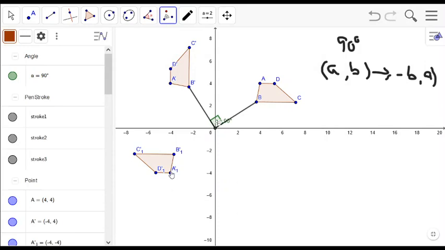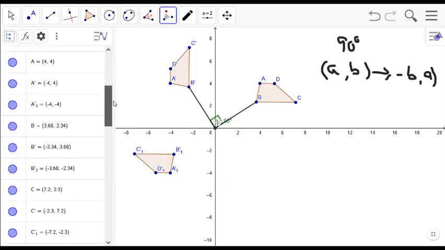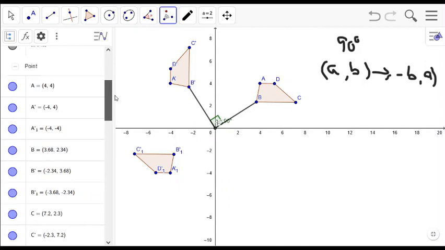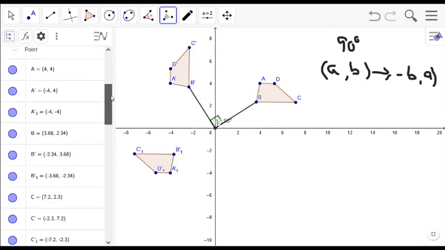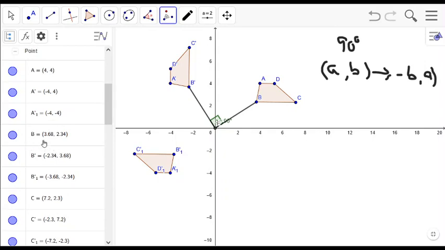For positive 180 degrees, there is something you will also notice. This was the first image, and this is the second image. For instance, let me use just B, (3.68, 2.34).